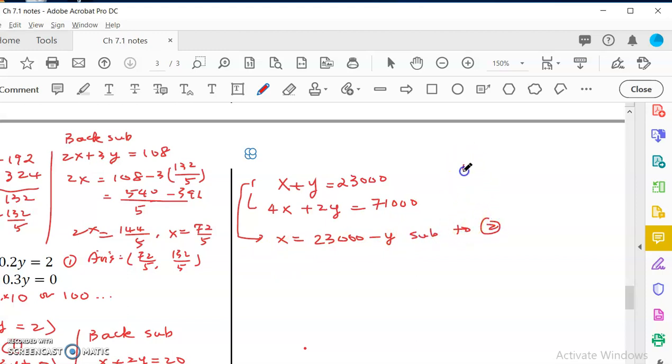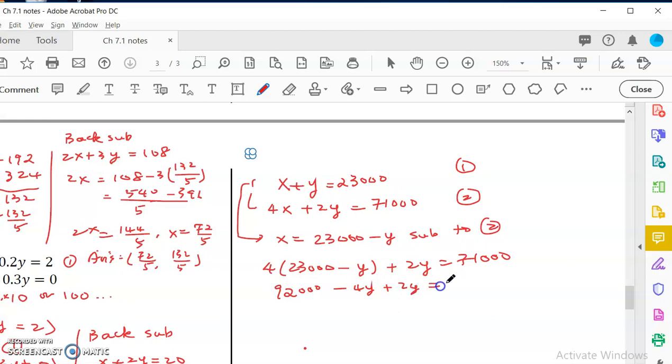In a lot of word problems, substitution is easier. So you will have 4 times 23,000 minus y, plus 2y equal to 71,000. So 23 times 4 is what? 92,000 minus 4y plus 2y equal to 71,000.